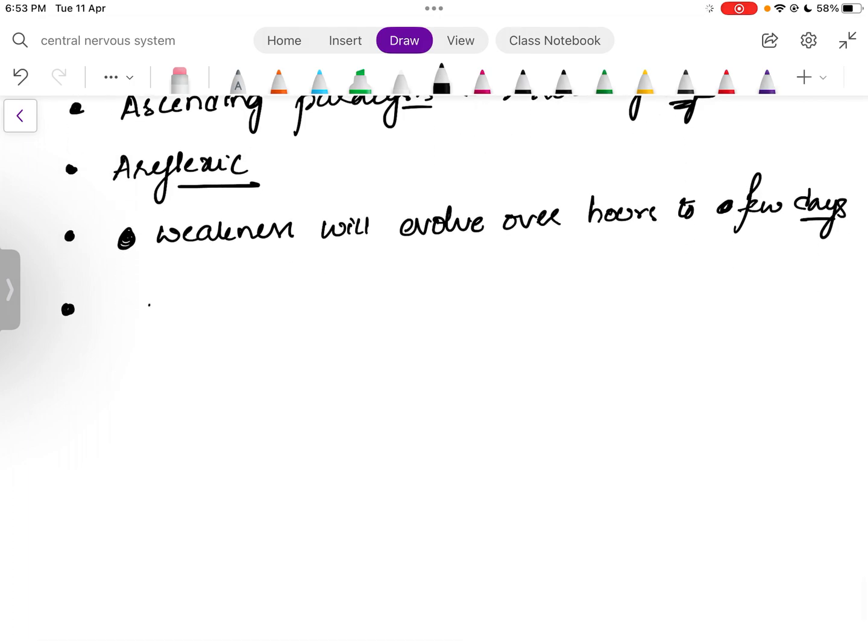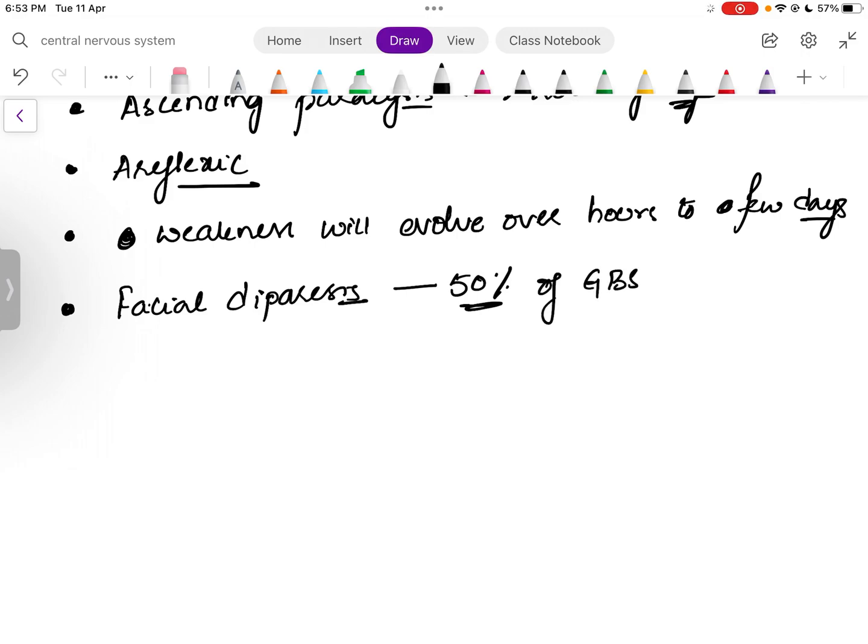And the patient will have facial weakness, that is called diplegia. This facial weakness is seen in 50% of GBS patients.